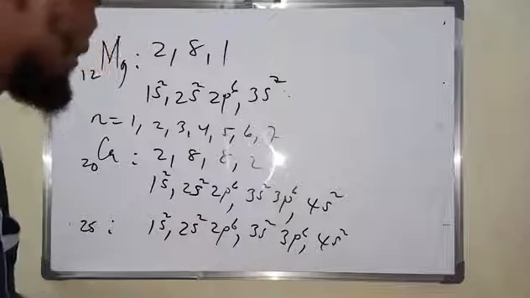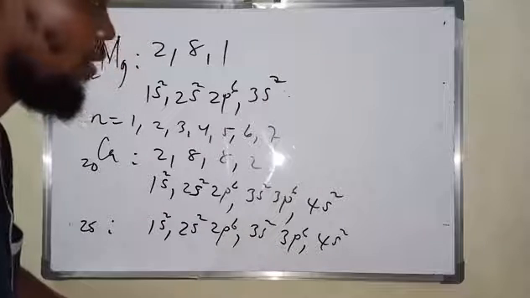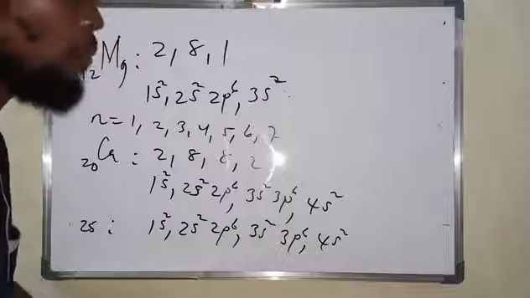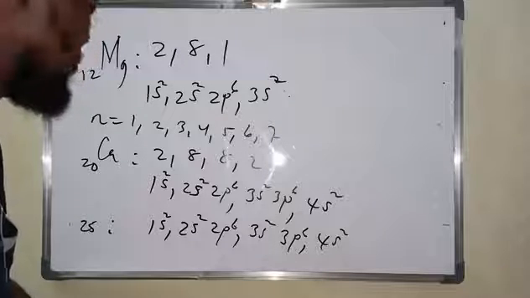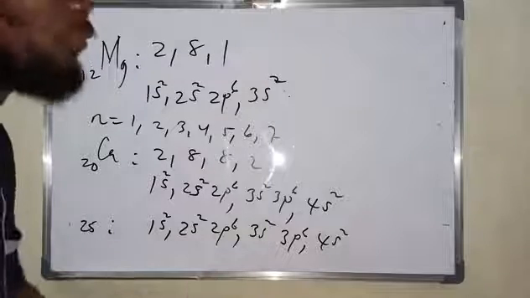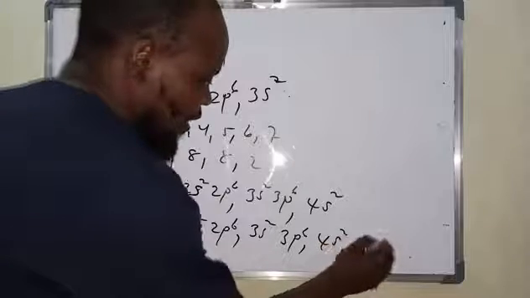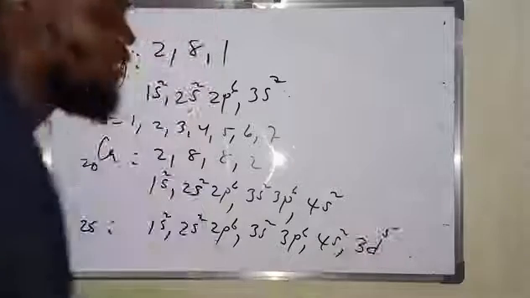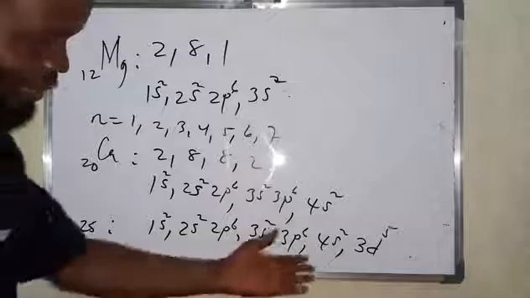We would expect that the next should be 4p. If 4p, maybe the remaining 5 should go to 4p, but it will not be so. Before 4p will bring 3d and give it the whole of the 5. So you can see a difference here.